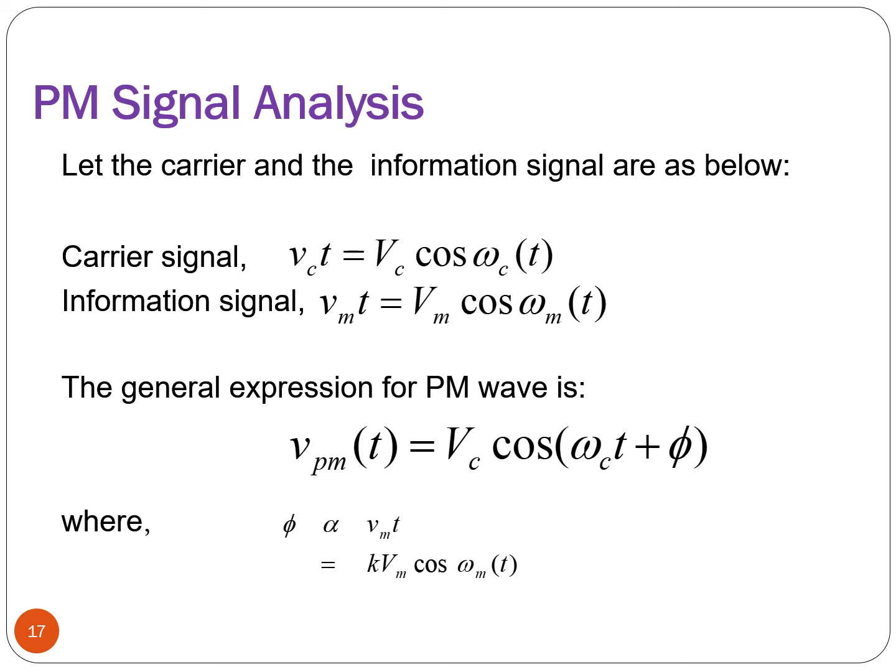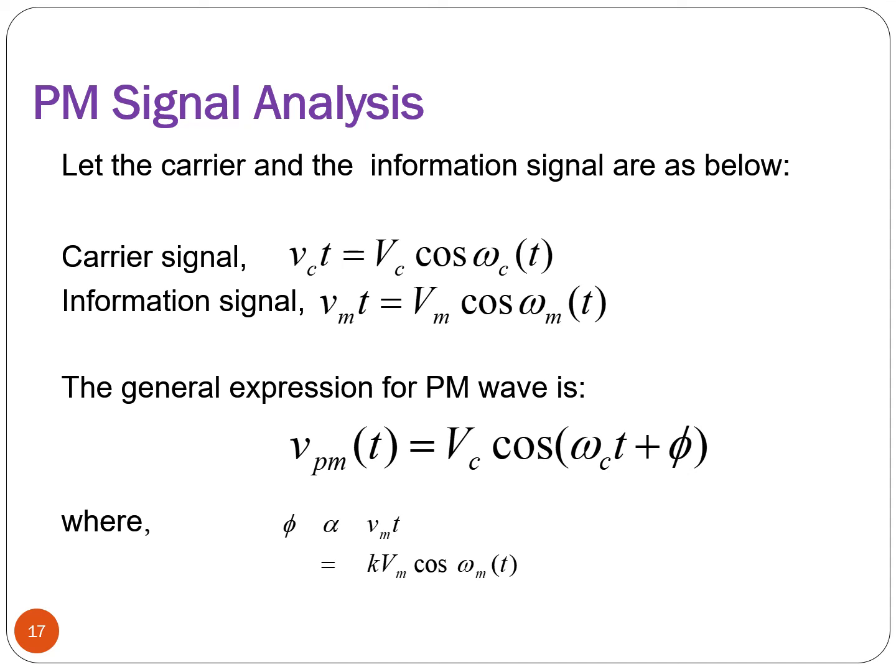In order to analyze the PM signal, let us consider the carrier and the information signals as below. The general expression of PM wave is given by V PM of t equal to Vc cos(omega ct plus phi).